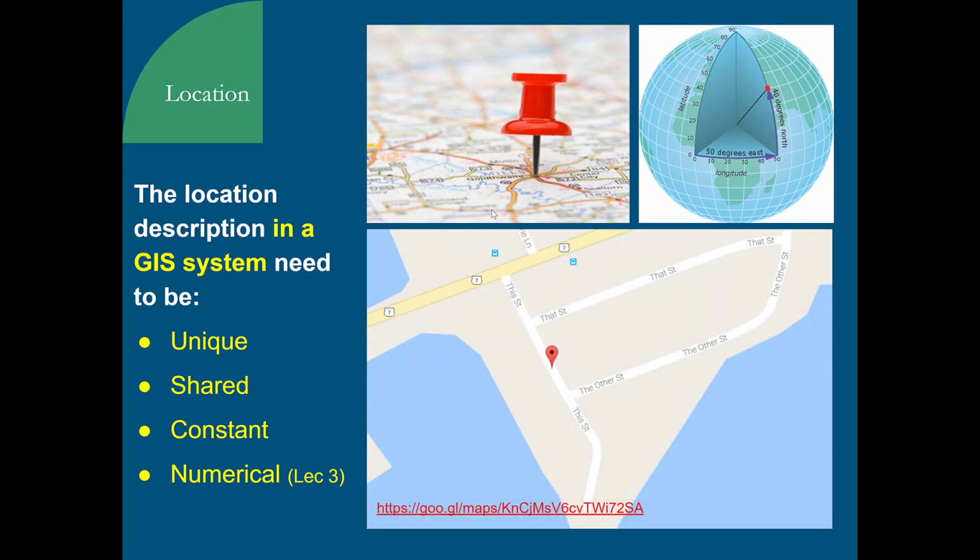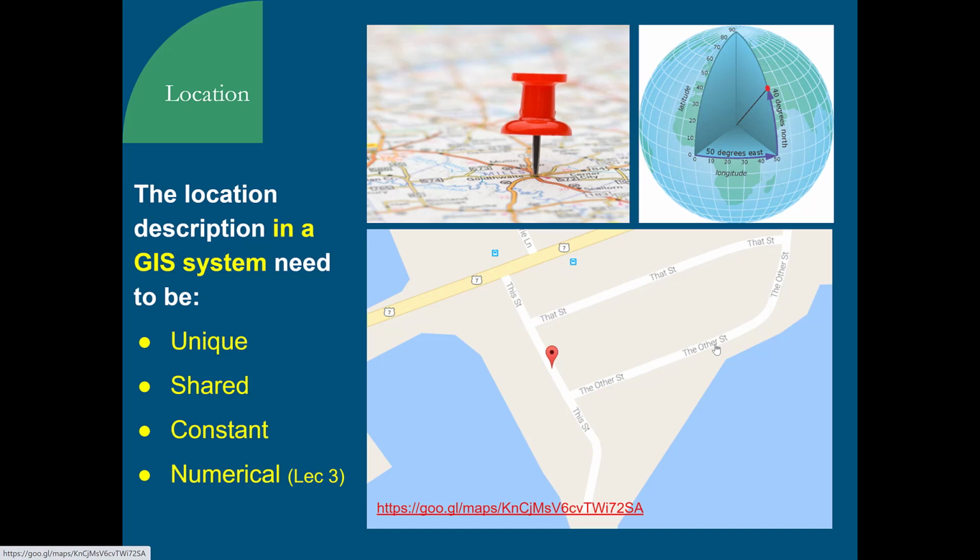Okay, so here is a geographic joke. This is a place on Earth. Check this link to see where it is. I won't give it away. In that town, we have two streets, actually three streets. We have this street, that street, and the other street.